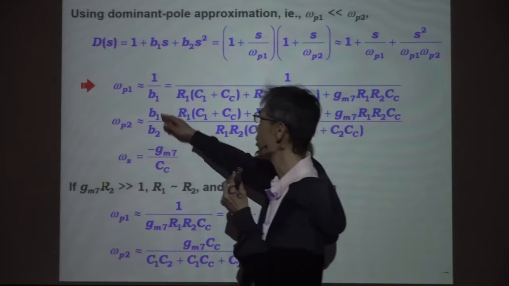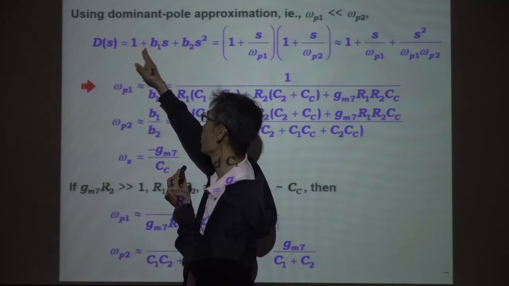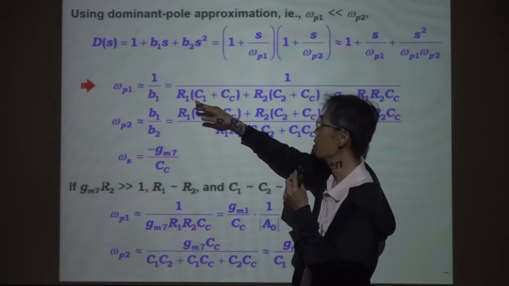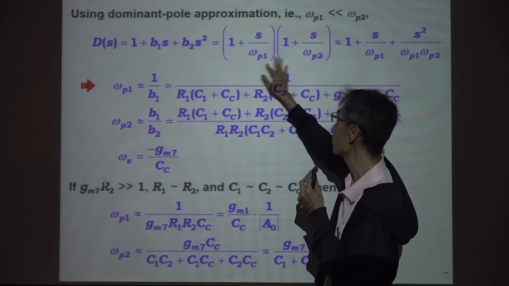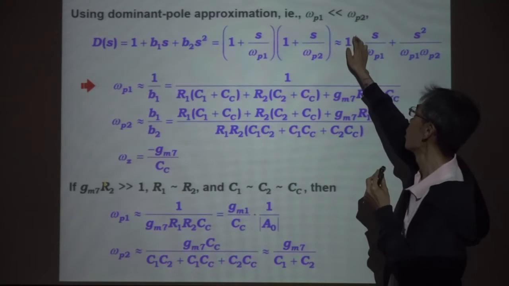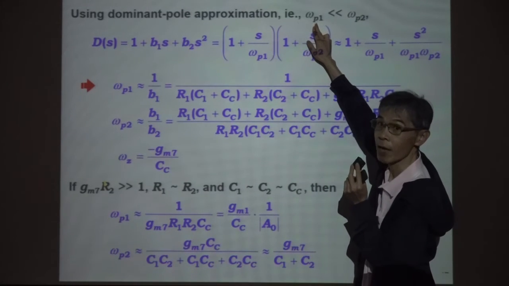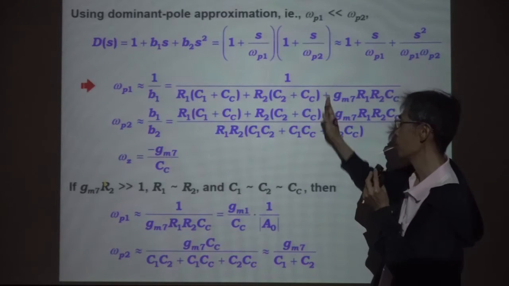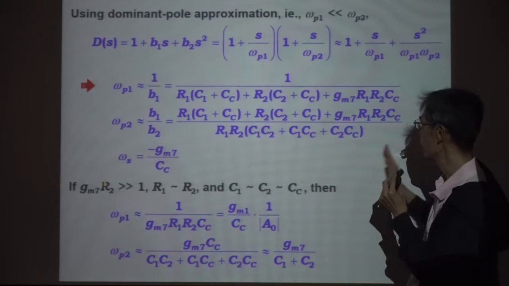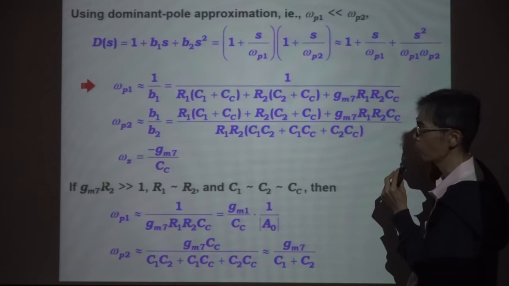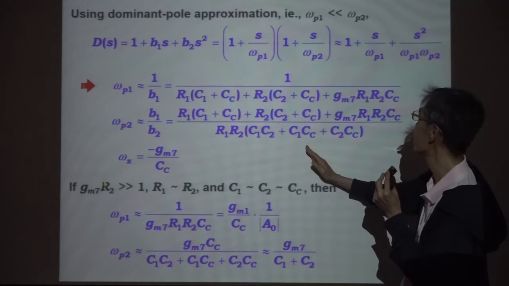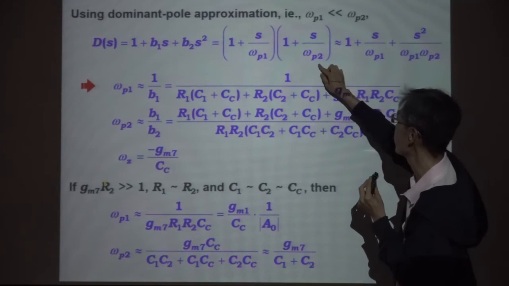The denominator can be simplified to this: 1 plus b1s plus b2s squared. Then they can be factored out using this equation. Assume P1 is the dominant pole, which means P2 is far away from P1. So P2 is high frequency, P1 is low frequency. So P1 is the dominant pole because P2 is very large.